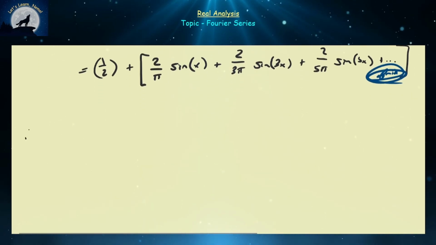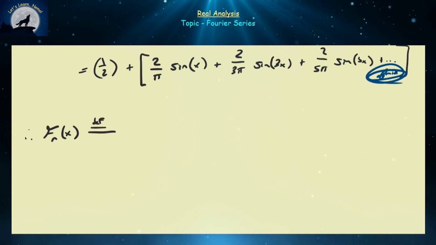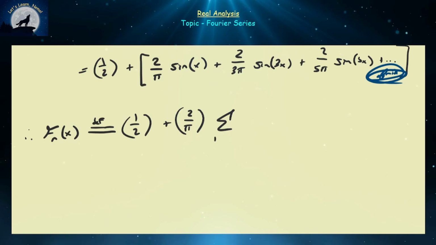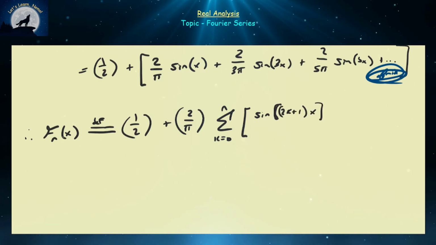So our Fourier series approximation, which I define as follows, now that we have a nice representation for it, will be 1 over 2 plus 2 over pi, factored out of the sum from k equal to 0 to n of the sine of (2k plus 1)x all over 2k plus 1.